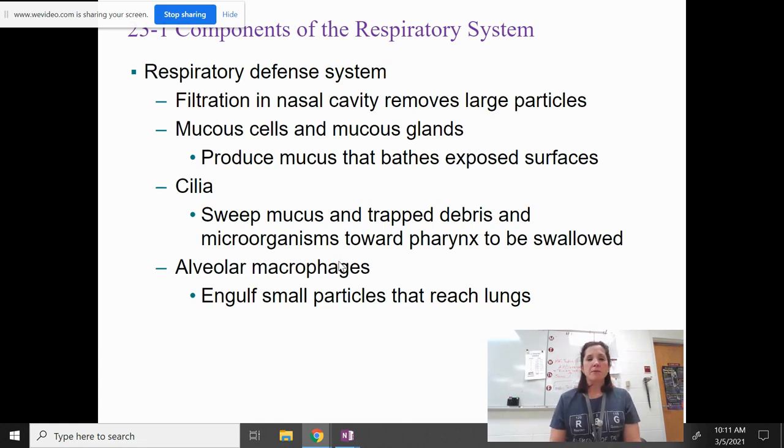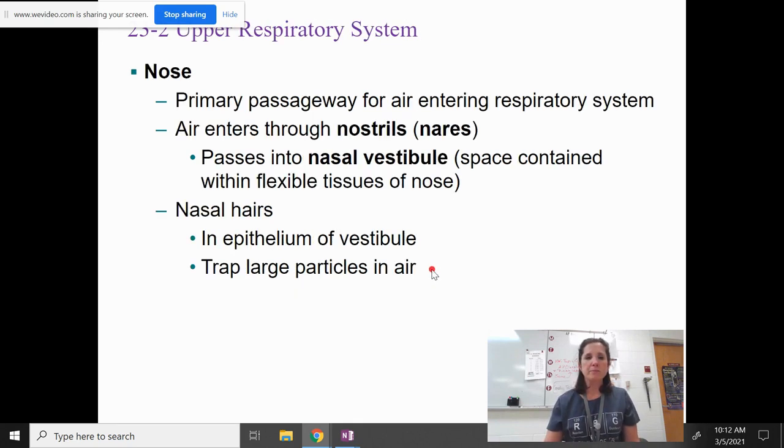All right, respiratory defense system. Other than the cilia, your nasal cavity will remove large particles, and the mucus helps bathe our surfaces. I went over cilia. The alveolar macrophages are in the alveoli; if there are particles that get there, these are white blood cells that help engulf and get rid of those particles.